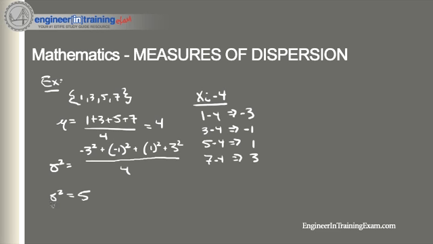And the population standard deviation is simply the square root of that, which is the square root of 5. So let's just remember that. This is the population variance and standard deviation.